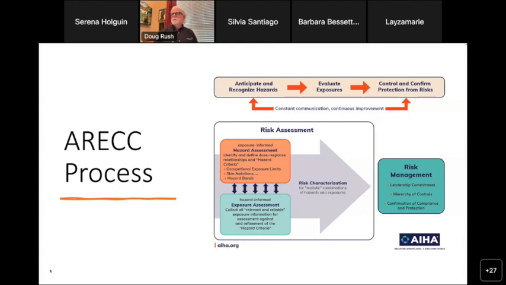Through this process, we conduct hazard assessments and inform people, do our risk characterization, and then come out with an outstanding risk management program.